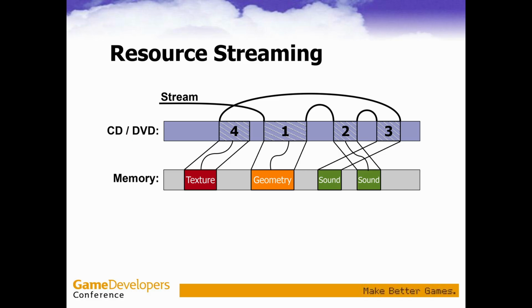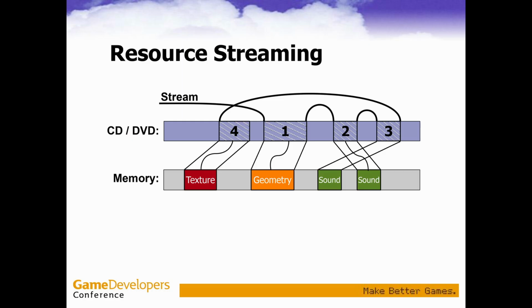So the way this would look in a completely unoptimized diagram is that your data is now stored in more of a database form and less of a linear stream. And so the data is loaded in the order that it's requested by the engine, which again is for all intents and purposes random.